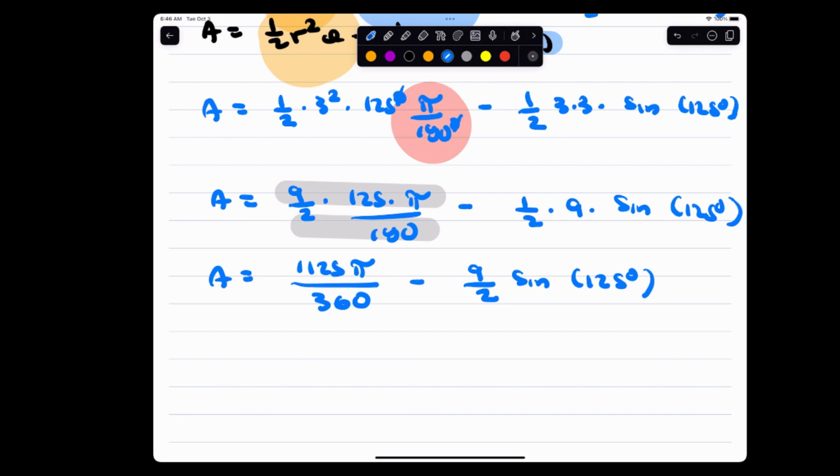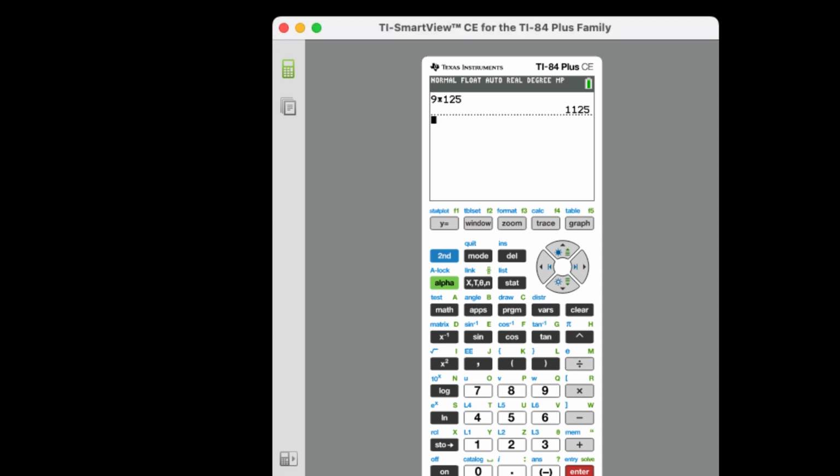So you want to punch all this in your calculator to get that area of that little portion here. So let's punch that in, right? So here's what we say here, okay? 1125 times that pi. Pi is over here. You guys remember that? Divided by 360. Is it kind of interesting that maybe you have the same calculator, right? And what's 9/2? Isn't that 4.5? This is still in degrees, 125 degrees.